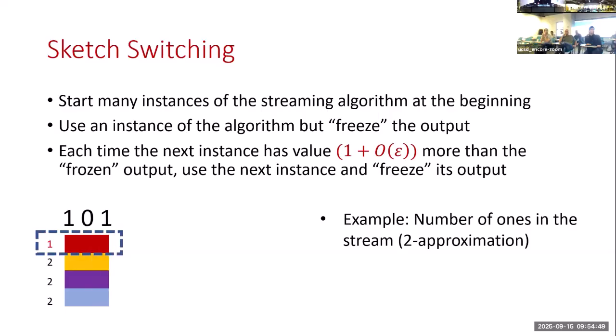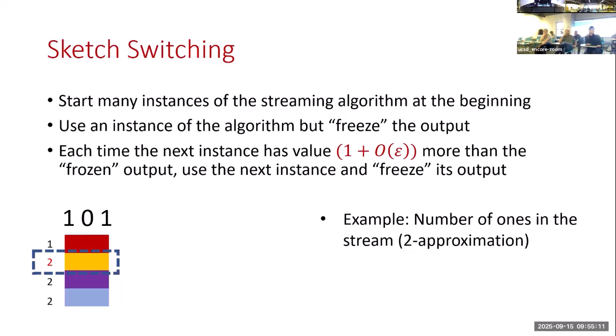Maybe we see another update, and at this point, we've frozen the first algorithm, so it will always say 1 from now on. But the next algorithm produces 2, so it's a factor of 2 apart. And so we'll freeze the output of the second algorithm from now on, and we're always going to use that as the output.